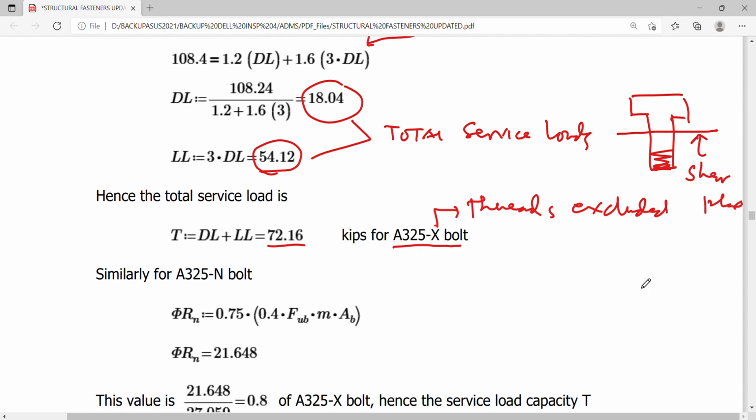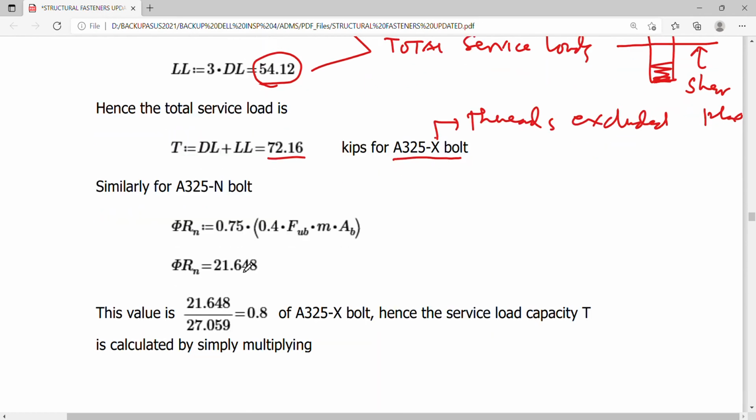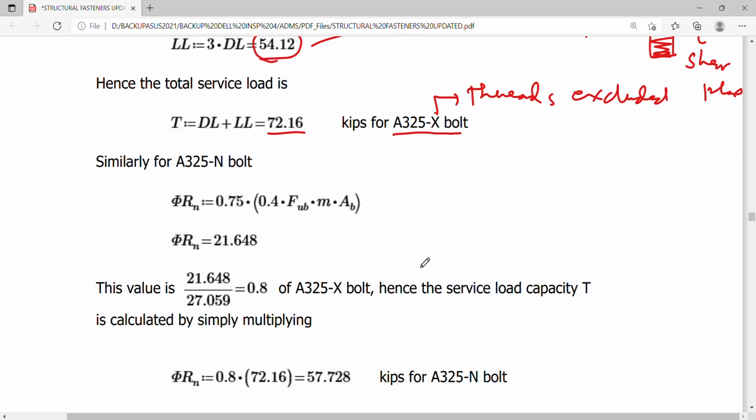Of course, if the threads are included, we use the same procedure, but we can simply use a proportioning procedure. We simply get your phi RN for the A325-N bolt. Take note that the only difference is this 0.4 here, which is a reduction due to the presence of the thread, because they are included. You get 21.648.